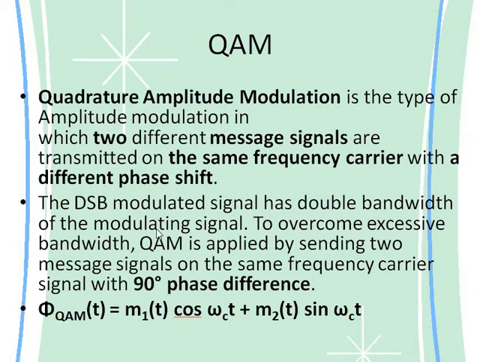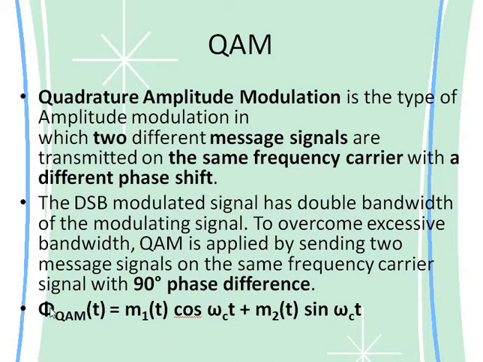The DSB modulated signal has double bandwidth, and to overcome the excessive bandwidth we have created the QAM. The QAM has a 90 degrees phase shift.